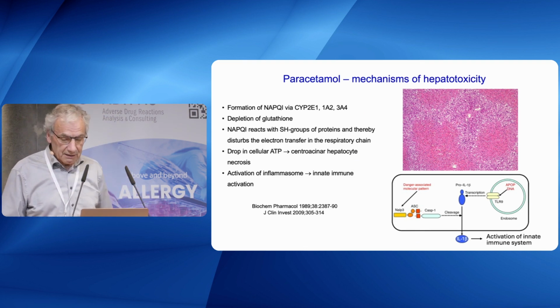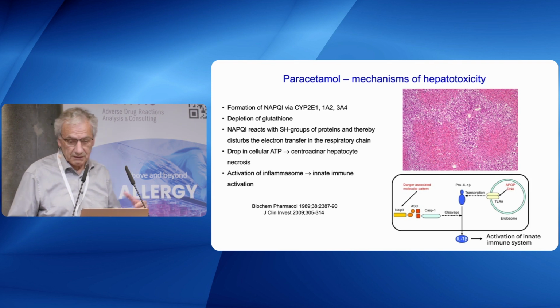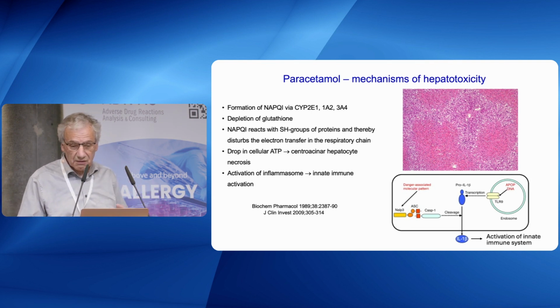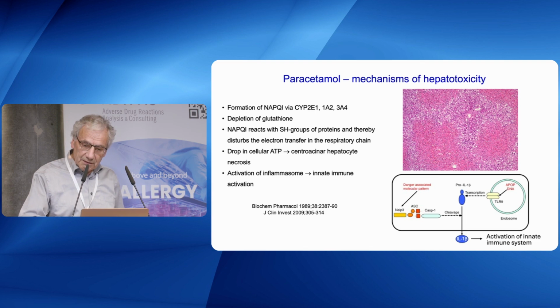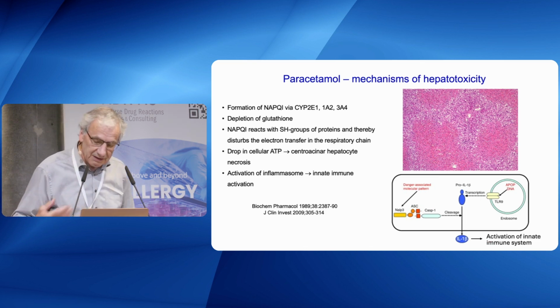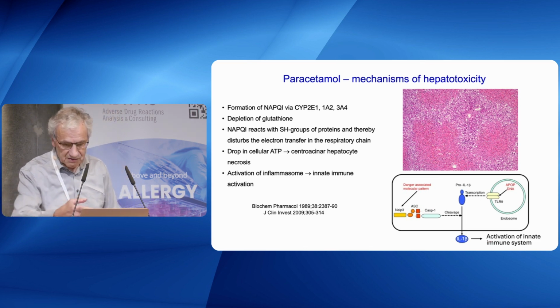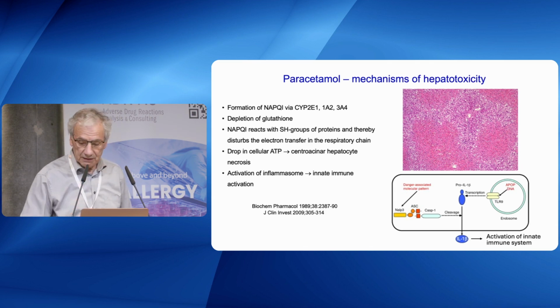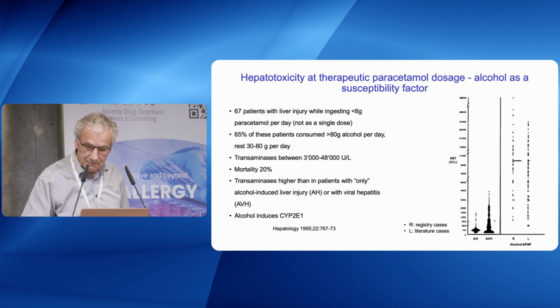And this is by inducing the inflammasome, which is expressed in hepatocytes, but also, of course, in macrophages, Kupffer cells, and other cells. And when we have production of IL-1 beta, then we have activation of the innate immune system with macrophages, which can then take away the damaged cells.